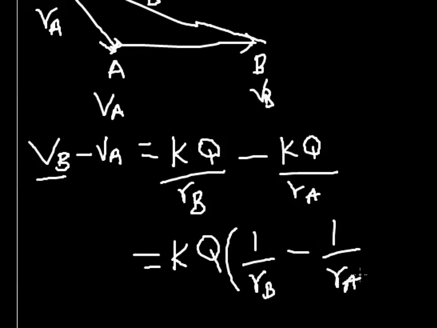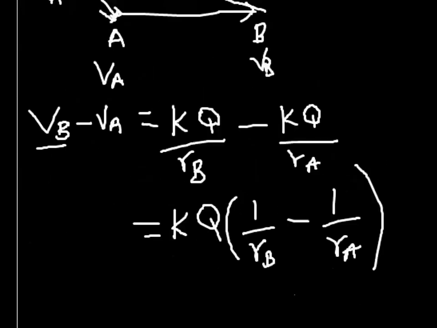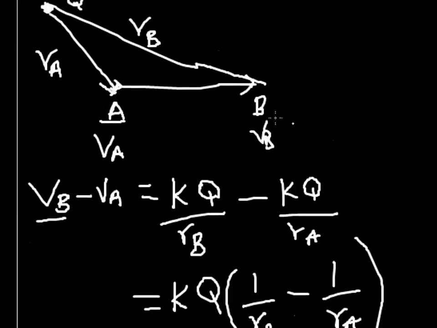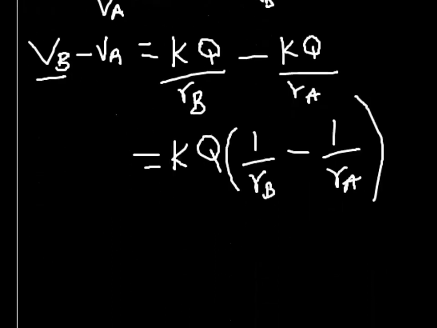This is what is known as electric potential difference of A and B. And it is this difference that will tell you the work done in moving the charge from A to B. So please take note of that.